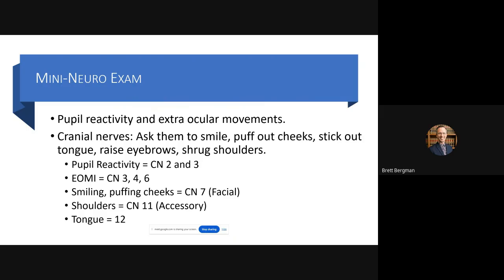So I will ask them to smile. I'll ask them to puff out their cheeks, stick out their tongue, raise their eyebrows, shrug their shoulders, and then I'll check their extraocular movements and their pupils. And you've tested 7 of the 12 cranial nerves right there.